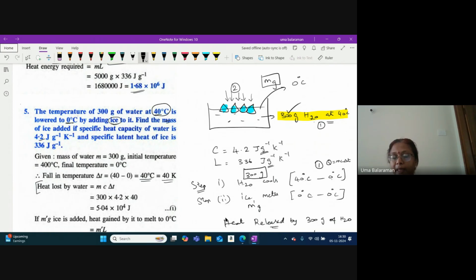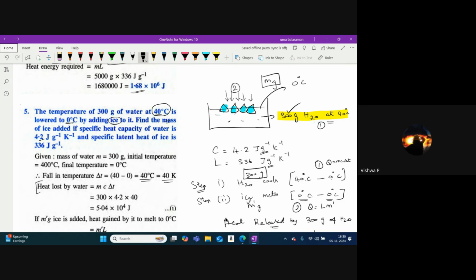Number two, the added ice cube melts, and it is from 0 degrees Celsius. It remains at 0 degrees Celsius. Only thing is from solid to liquid it became. So for this purpose, we have to use Q is equal to L into M dash, because we have taken M dash grams of ice. Is that okay? Yeah, ma'am.